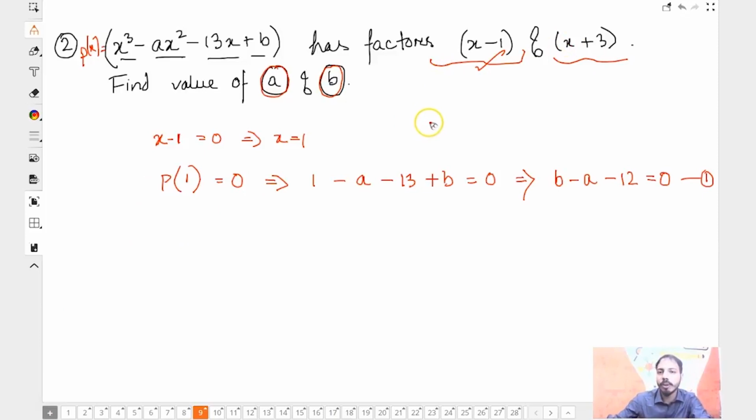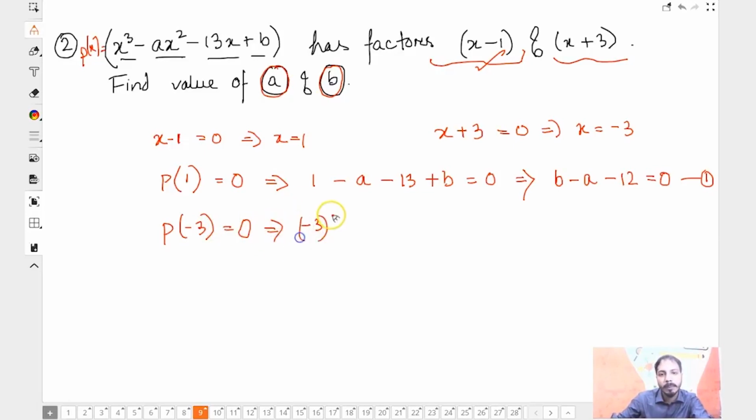Similarly, they also told that x plus 3 is a factor. So if x plus 3 is a factor, what did we learn? If I equate to 0, then x equal to minus 3 is a zero of this. That means if I put x as minus 3, I should get the value 0. So let me put minus 3 here.